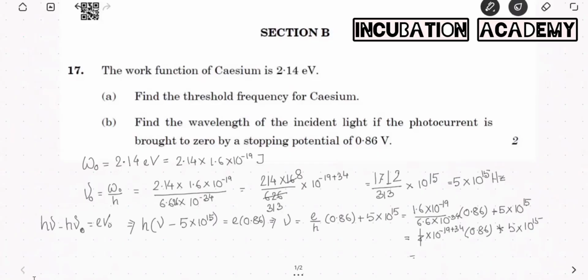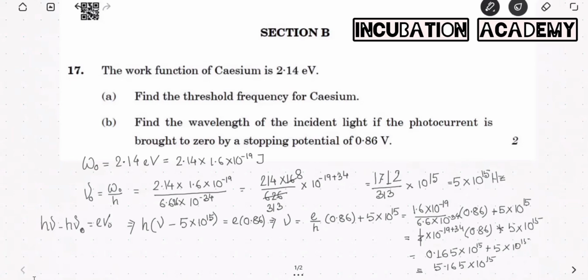So this will become approximately 0.165 into 10 to the power 15, plus 5 into 10 to the power 15. So this will become 5.165 into 10 to the power 15, and this is the frequency.